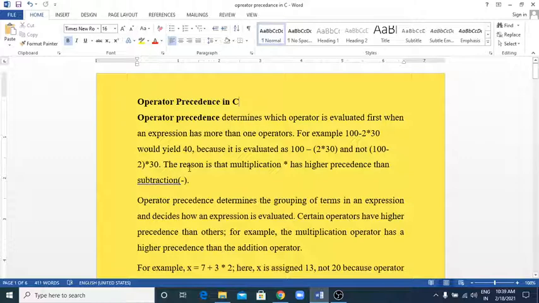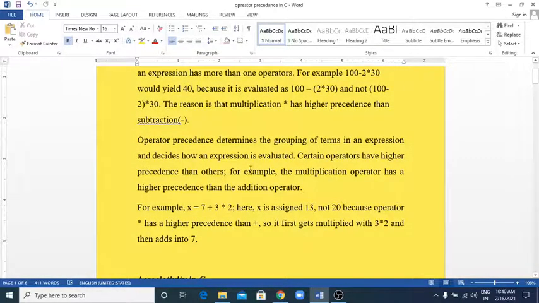The reason is that multiplication, that means the star operator, has higher precedence than subtraction. So operator precedence means nothing but which operator is evaluated first. From the operator precedence we decide which operator is evaluated first.